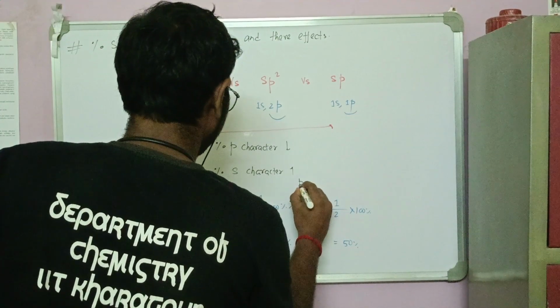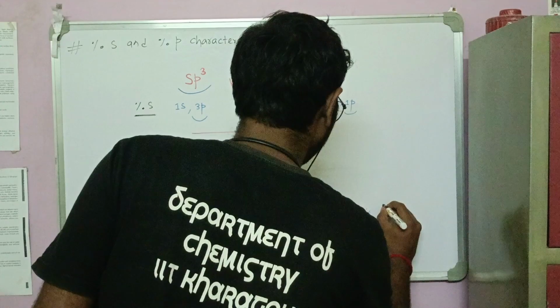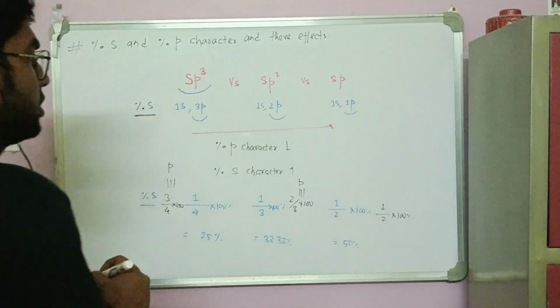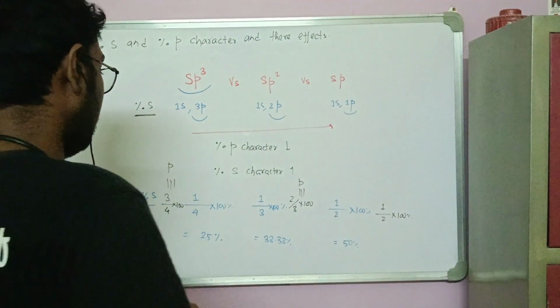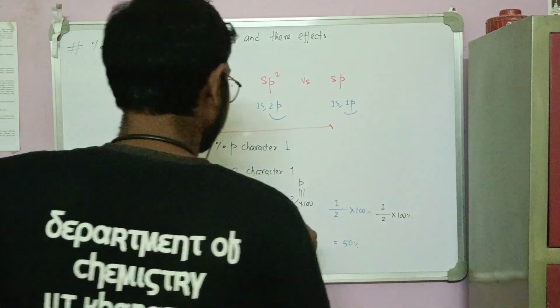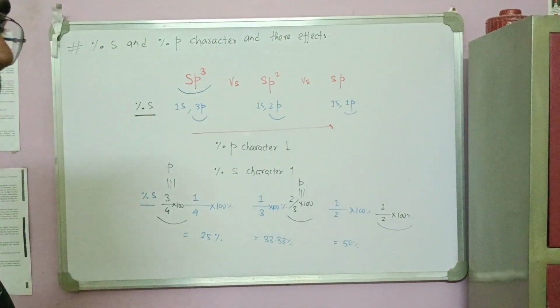This is for p, and for this one the value will be 1 by 2 into 100. So if we consider this one, then this one, then this one, we can have the percentage of p character.